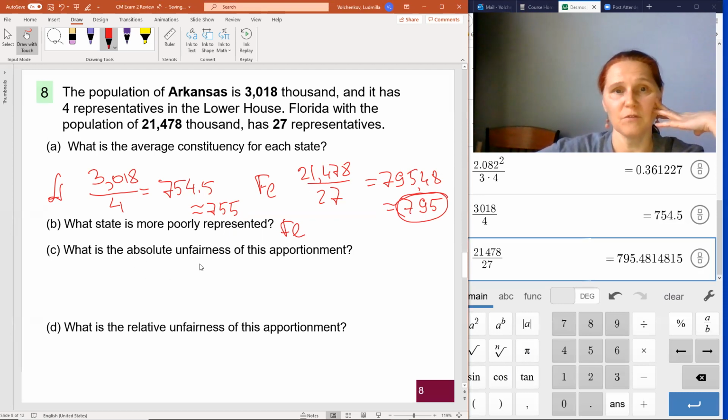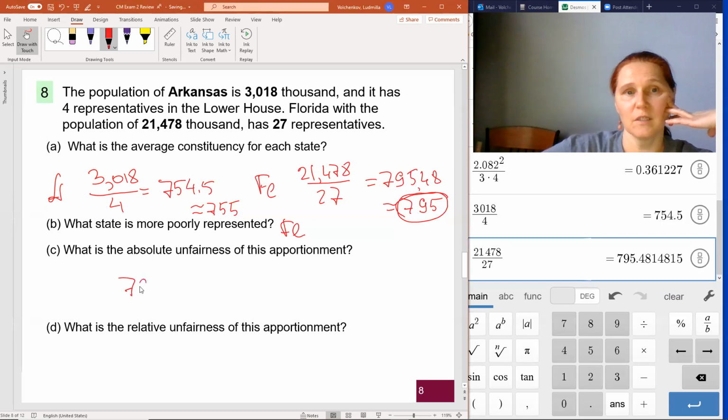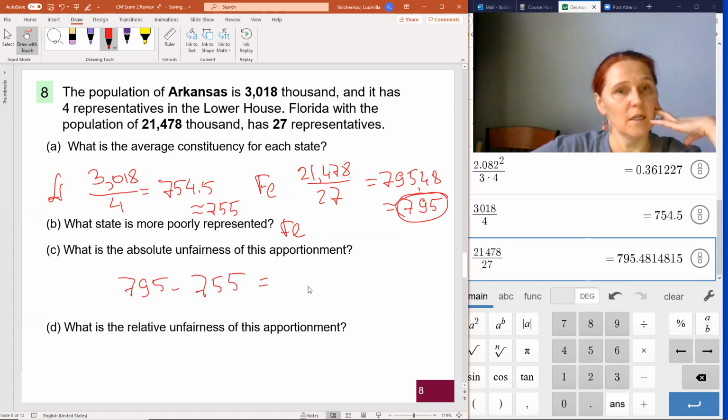What is the absolute unfairness of the apportionment? Absolute unfairness is just the difference. 795 minus 755, and it will be 40. Absolute unfairness.